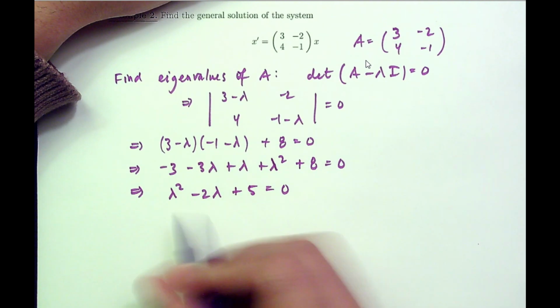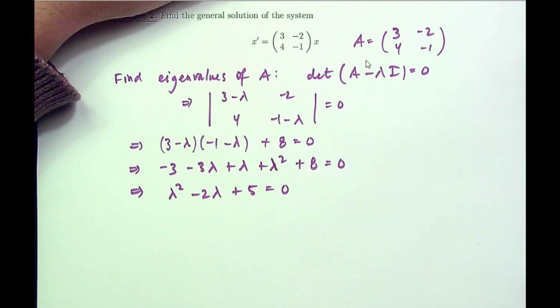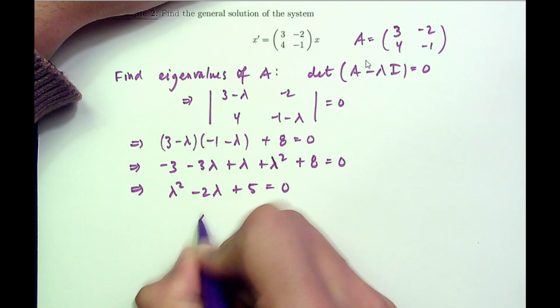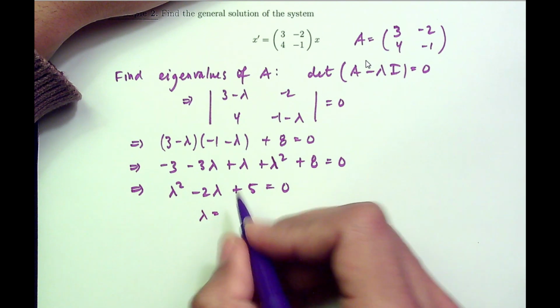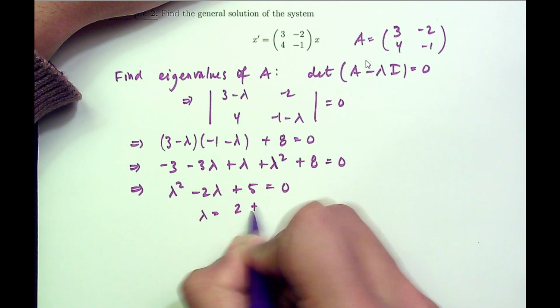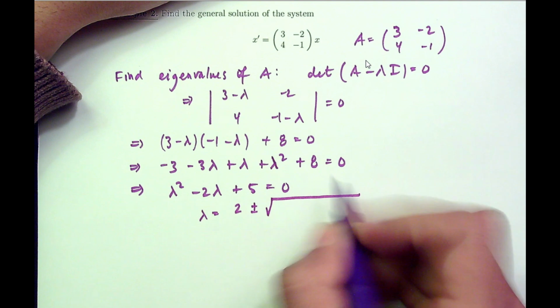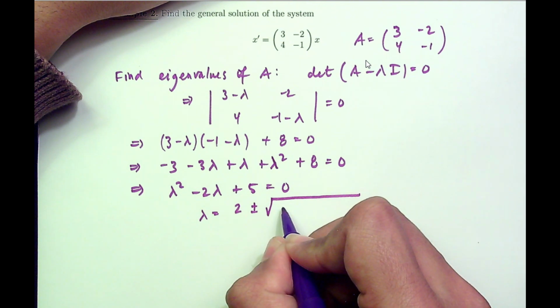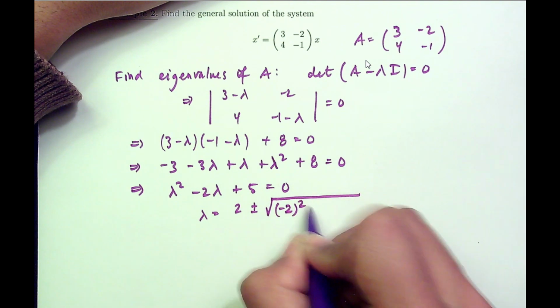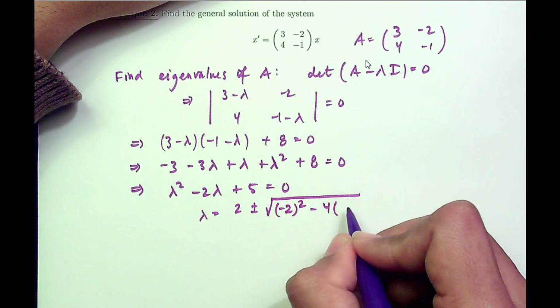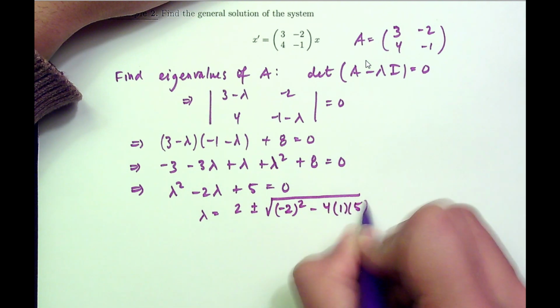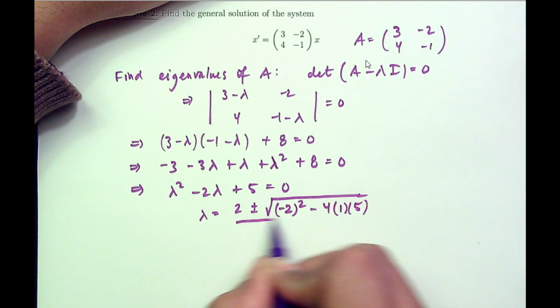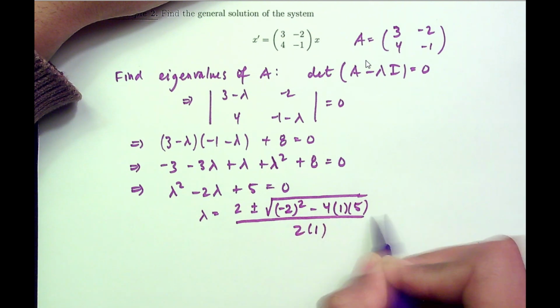So this does not factor, which means you have to use the quadratic formula. The quadratic formula gives us lambda equals 2 plus or minus the square root of negative 2 squared minus 4 times a times c, over 2a.